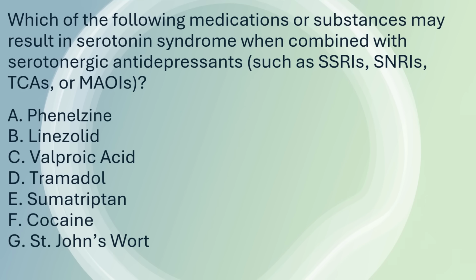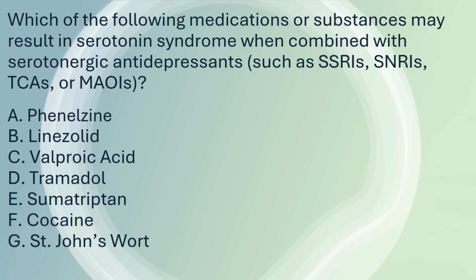B. Linezolid is an antibiotic that acts as a reversible MAOI, so it can increase serotonin and precipitate serotonin syndrome when used with SSRIs or SNRIs. C. Valproic acid, that's a mood stabilizer and an anticonvulsant, and it does not increase serotonin. It is safe with SSRIs.